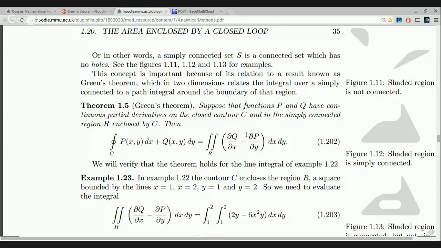But the way to think about it is, imagine this region approximated by rectangles, like we've just proved the theorem for. So imagine a load of lines parallel to the y-axis and a load of lines parallel to the x-axis.